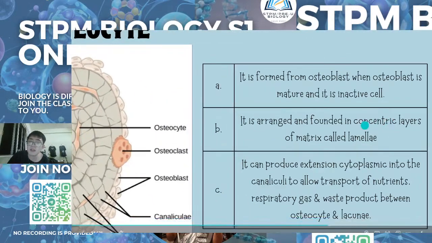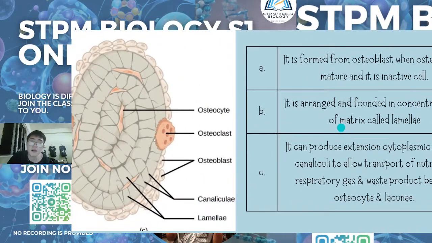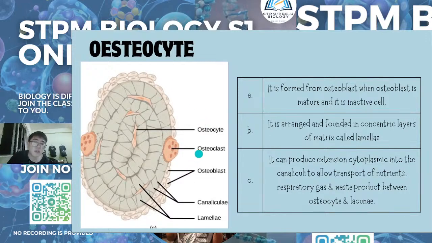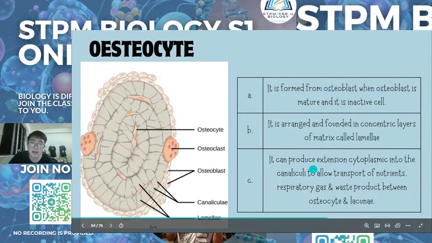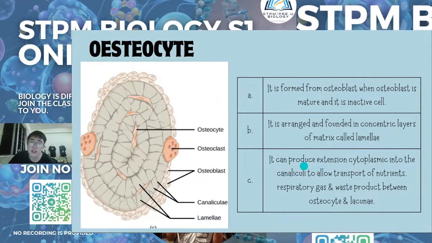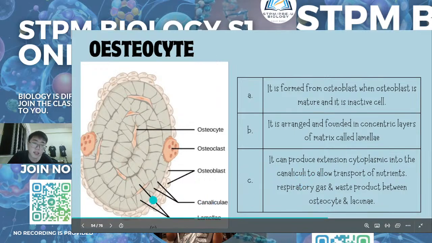So lamella is the connective layer of matrix. Osteocytes can be found within this layer, within this layer. The function is that it can produce cytoplasmic extensions into the canaliculi. This is the canaliculi.